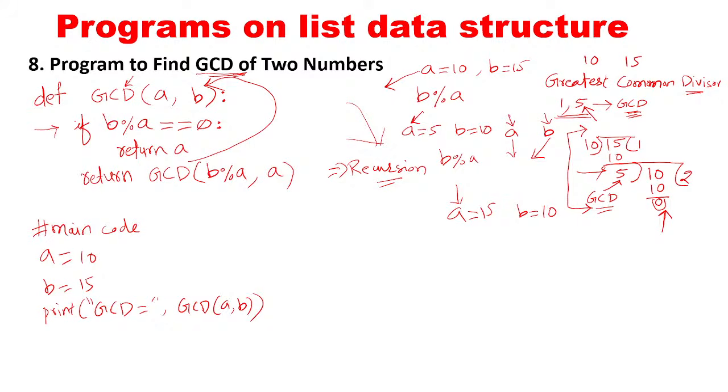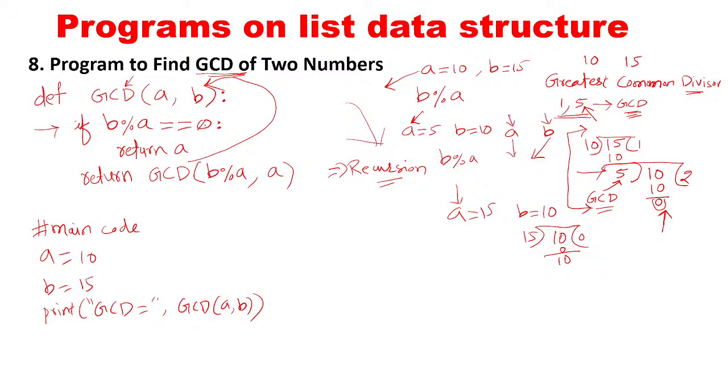In our code it is always the bigger number divided by the smaller number. B mod A means divide B with A, that is, divide 10 with 15. How many times? 0 times, so you get the remainder as 10 here.